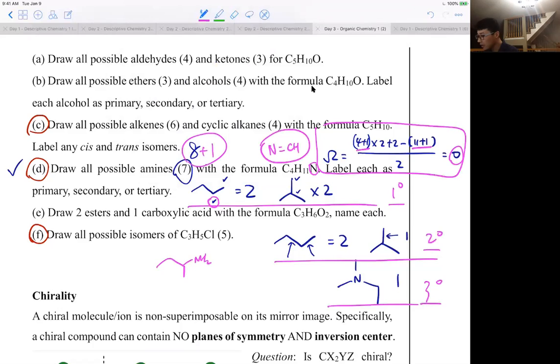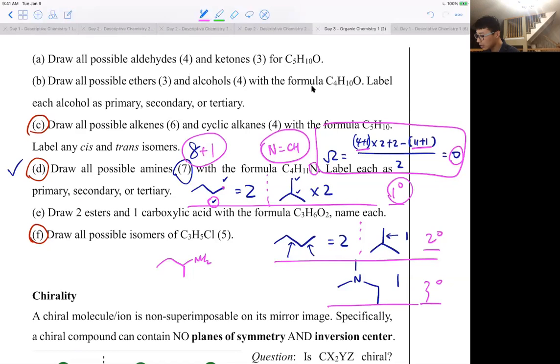And then I think about all of the skeletons. So we have two different types of skeletons. And then I try to think about the different positions of the function group. If it's a primary amine, which means we have an NH2 group, it needs to be connected to a certain place.